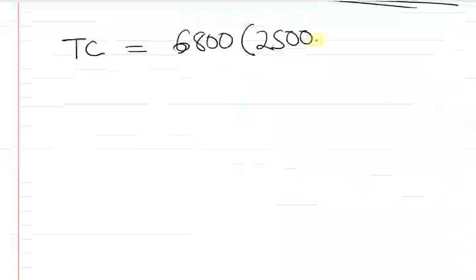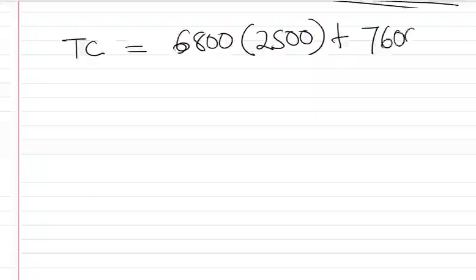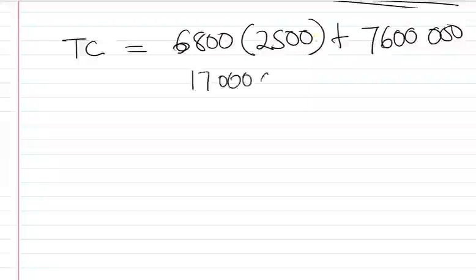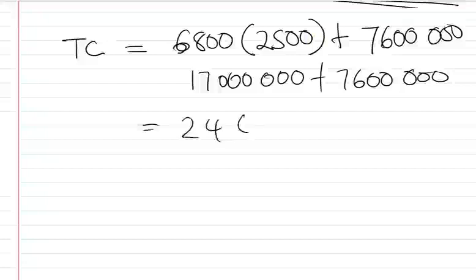So 6,800 times the new activity level of 2,500, while the fixed cost does not change, which is 7,600,000. So 2,500 times 6,800, I'm finding 17 million. When I add, I'm finding that the total cost is 24,600,000.